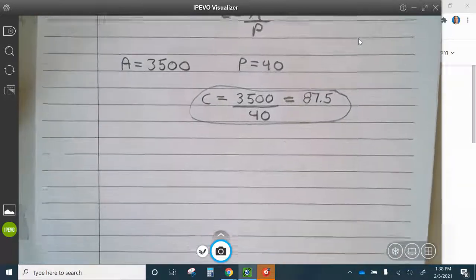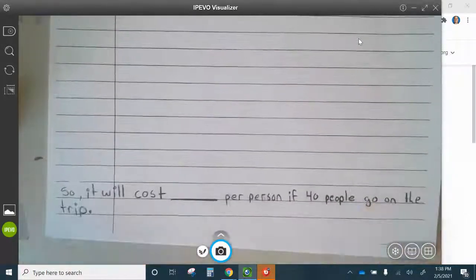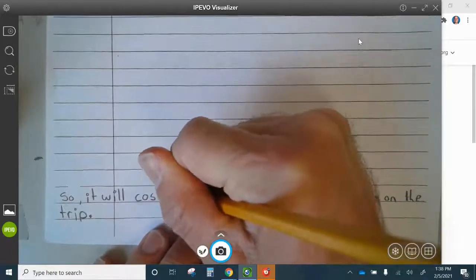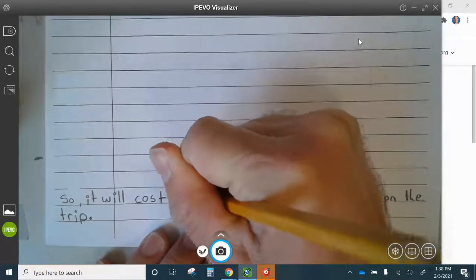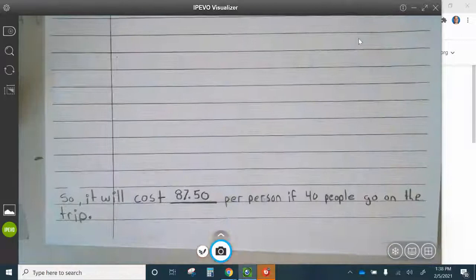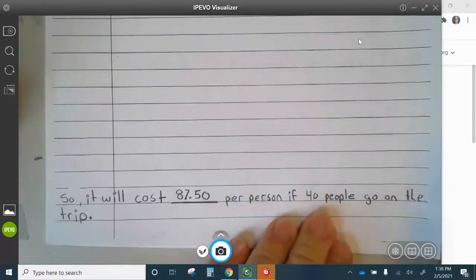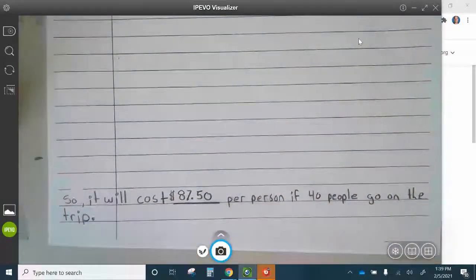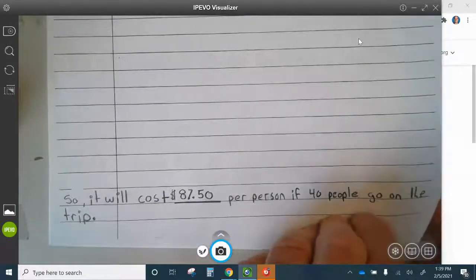Okay, so it'll cost $87.50 per person if 40 people go on the trip. Oh, I almost forgot the money symbol. All right, let's move on to the next question.